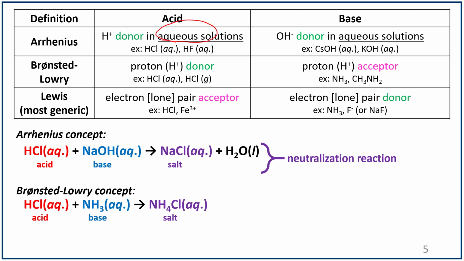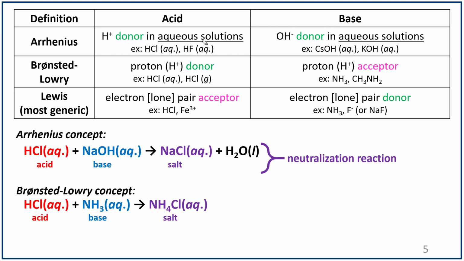For example, hydrochloric acid, or, any fans here of Breaking Bad, hydrofluoric acid. And a species which donates hydroxide ions in aqueous solutions is a base. So we have cesium hydroxide, potassium hydroxide, and then some common antacids like magnesium hydroxide and calcium hydroxide.